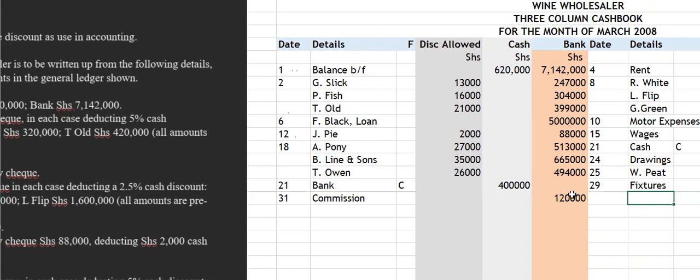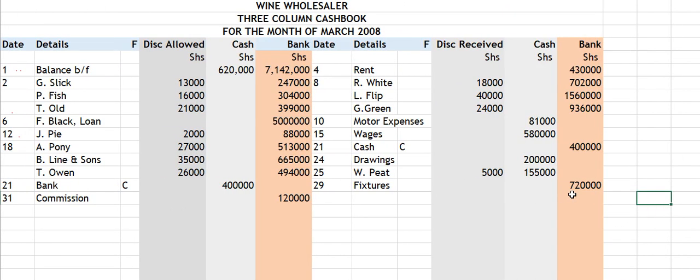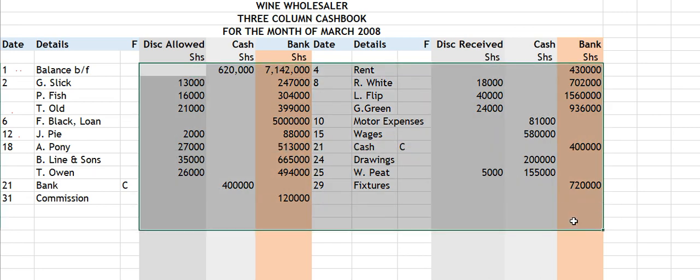Now the next thing which we have to do is to balance off this cash book.